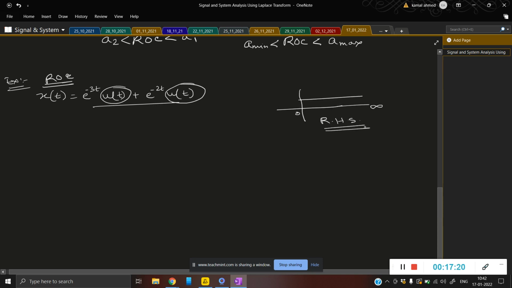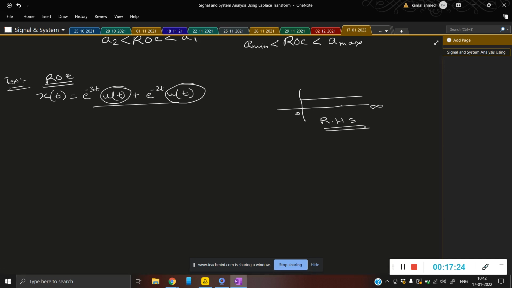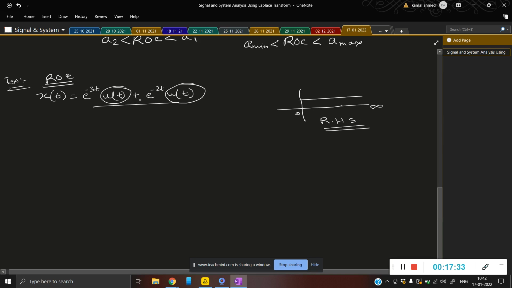So this is not a left-hand side signal. First of all, you have to know very clearly what you mean by a right-handed signal and a left-handed signal. If it is u of t, close your eyes and take it as right-handed; if it is u of minus t, then left-handed.